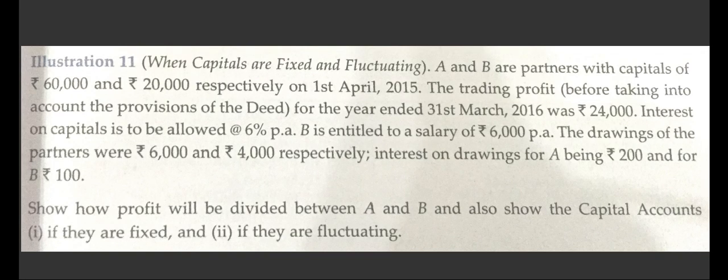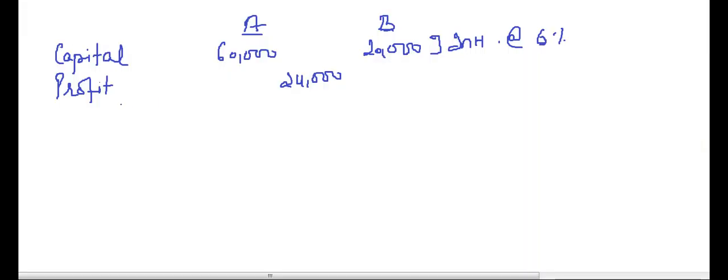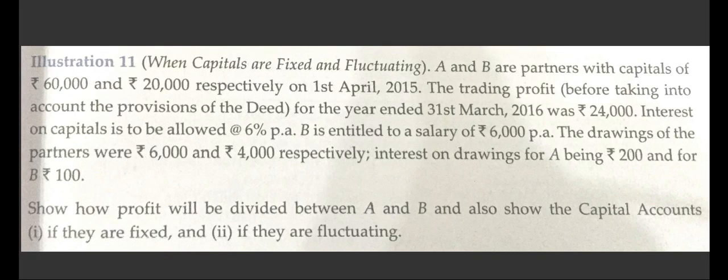It further says that B is entitled to a salary of 6,000 per annum. We have to pay a salary, remuneration, to partner B as 6,000 per annum and not per month. Further, it says the drawings of the partners were 6,000 and 4,000 respectively.